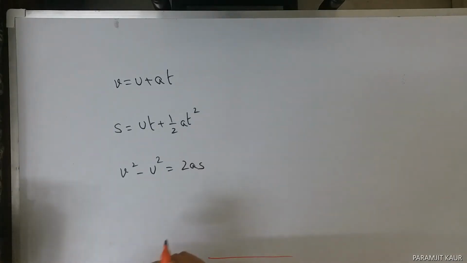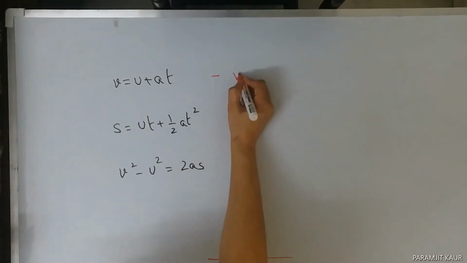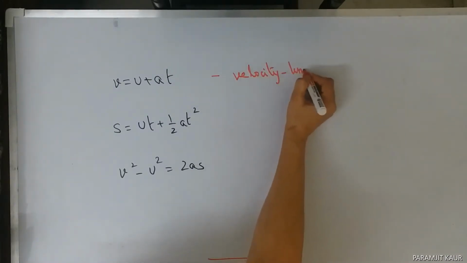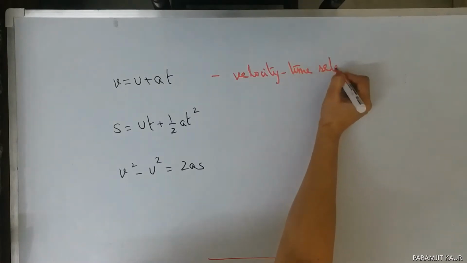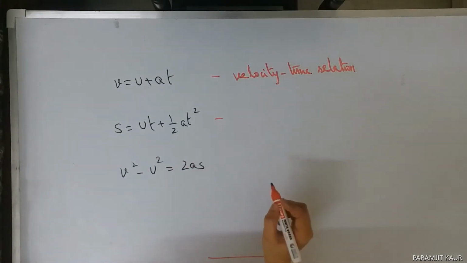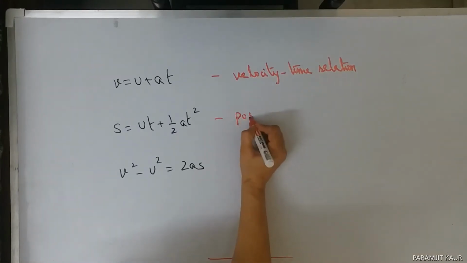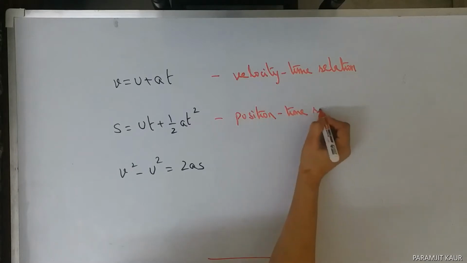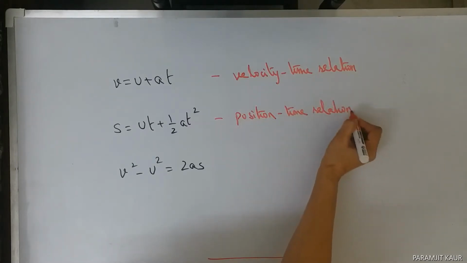Now this first equation of motion is also called the velocity time relation. The second equation of motion is called the position time relation.